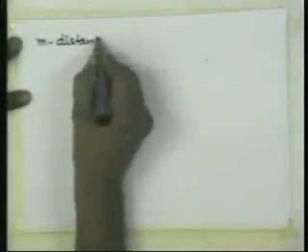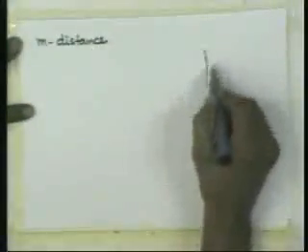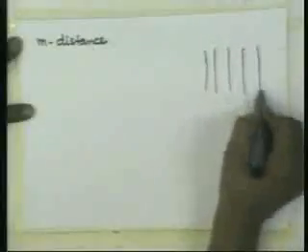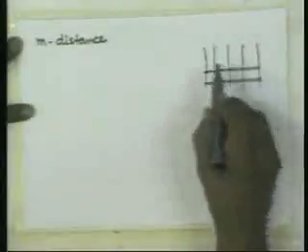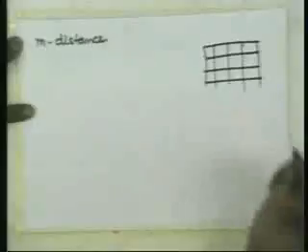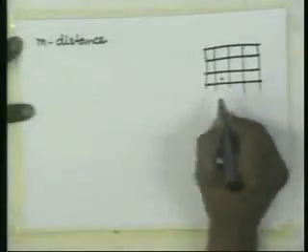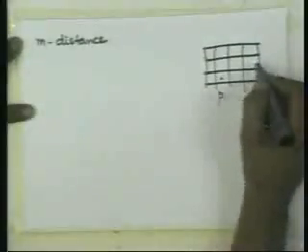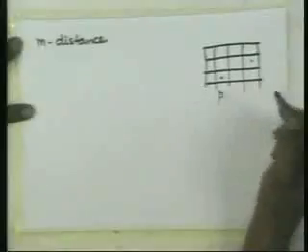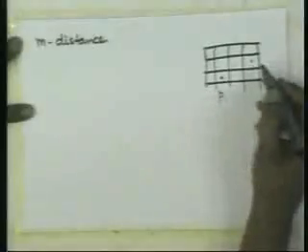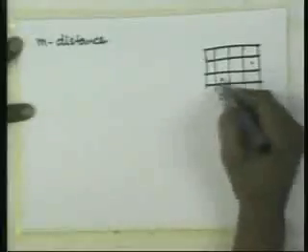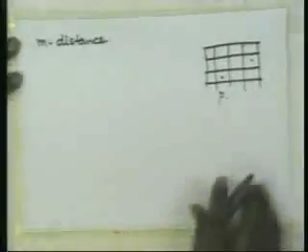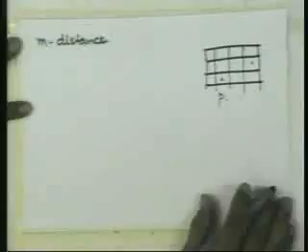Finally, let us also look at the M distance, which is the mixed mode distance criteria. This time I will not paint them because then it becomes very difficult to see. Supposing this is my P pixel and say this is my Q pixel, but now to find the distance, it's not simply enough to look at this, because now I have to see whether they are connected or not. Only if they are M connected can I find the M distance.